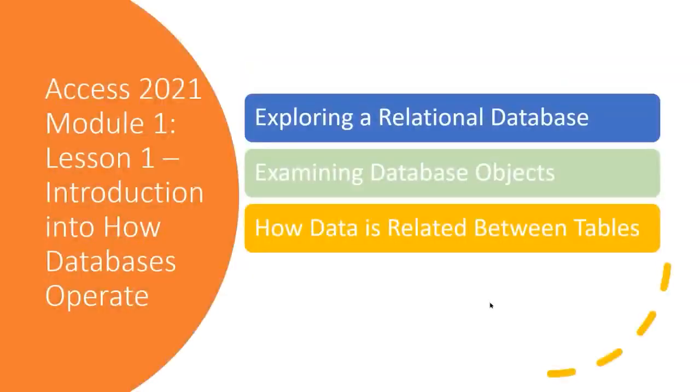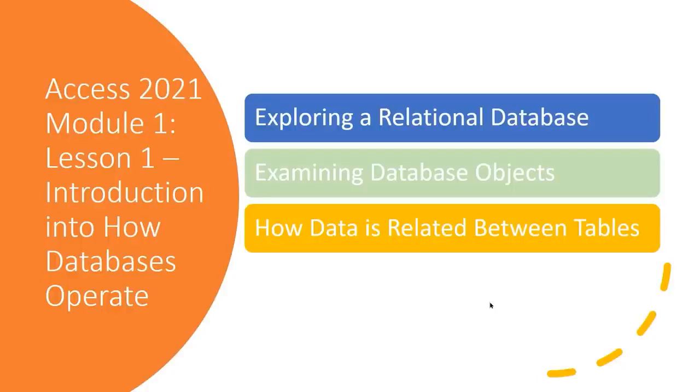So before we get hands-on in Access, just going to break down the first and second lessons that are in this module. We're going to be doing lesson 1 and lesson 2 concurrently. So lesson 1 is where we're going to explore an existing relational database. We're going to use a pretty popular database that's out there.